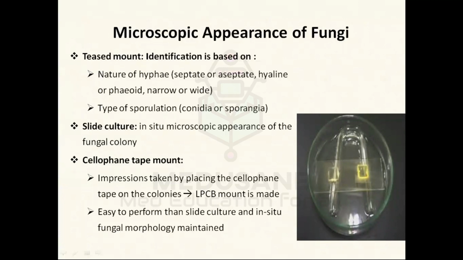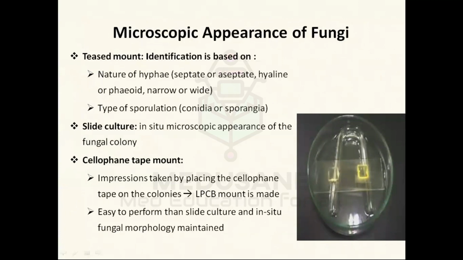And there is a slide culture method. In the slide culture method, we take an SDA agar block of around 1 centimeter, 2 blocks, and place them at the corner of the slide over a bent glass rod. On the agar blocks, we streak the fungal specimen from the stock culture at the edges of the agar block, and put a cover slip.